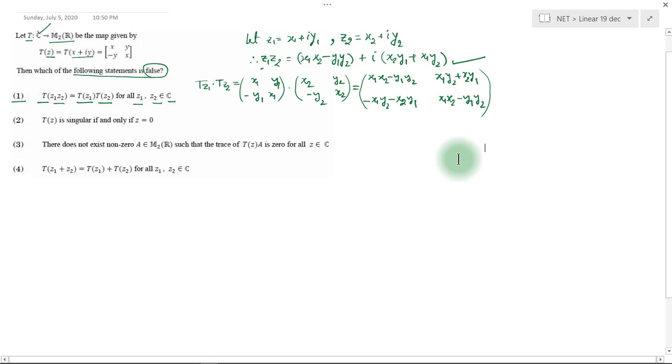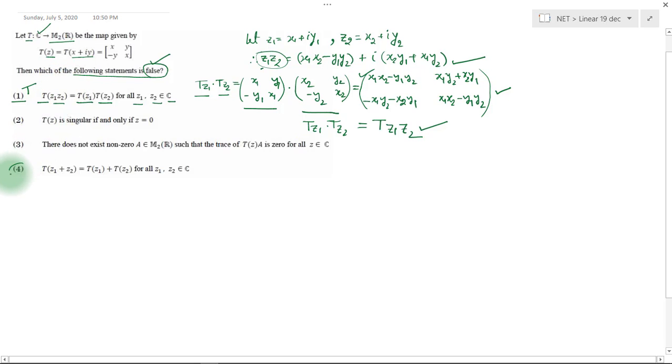Now calculating the product of TZ1 and TZ2, this is a basic matrix multiplication and the result will be this matrix, and this is nothing but T of Z1 Z2, because the image of Z1 Z2 will be this matrix. So we have T of Z1 multiplied with T of Z2 is equal to T of Z1 Z2. So this option is true, but we have to identify the false statement, so this will not be the answer.